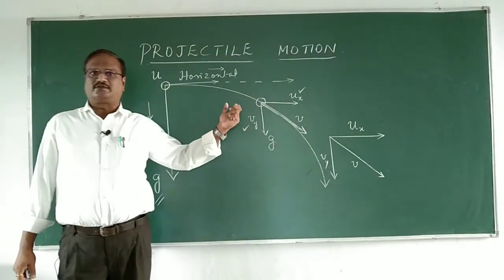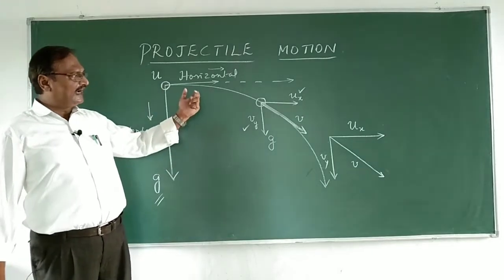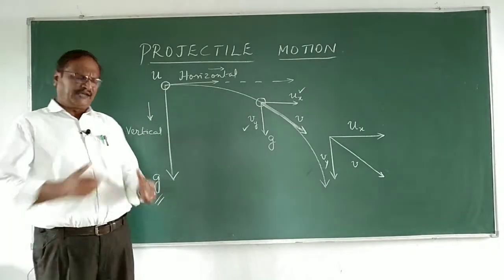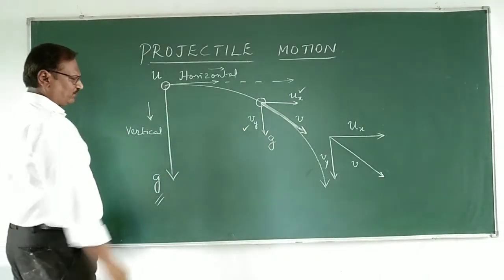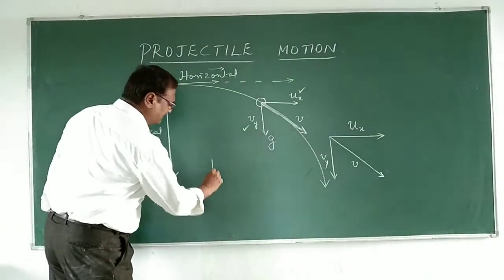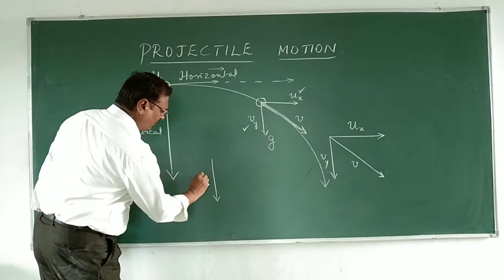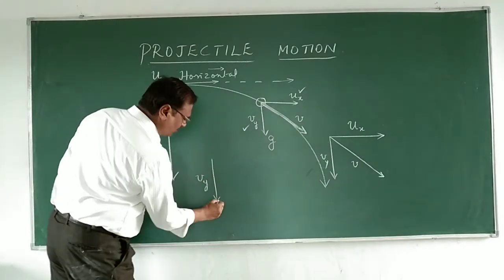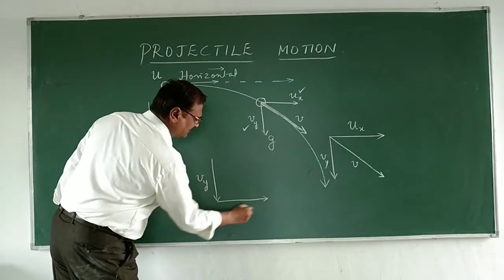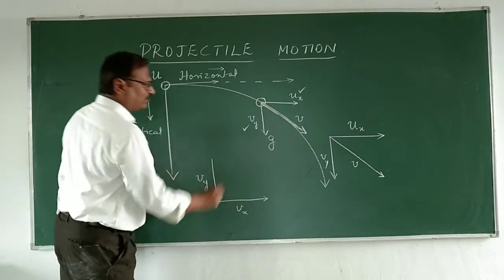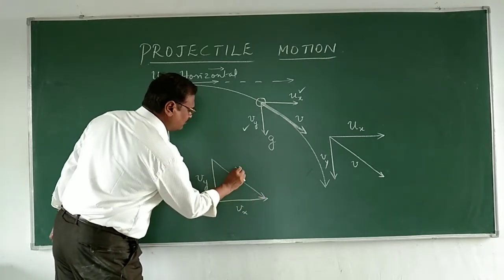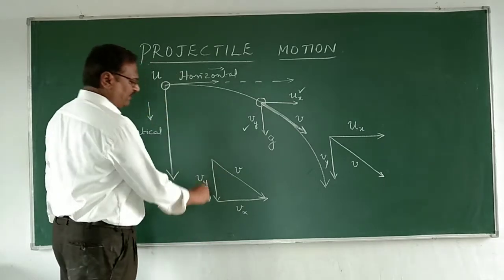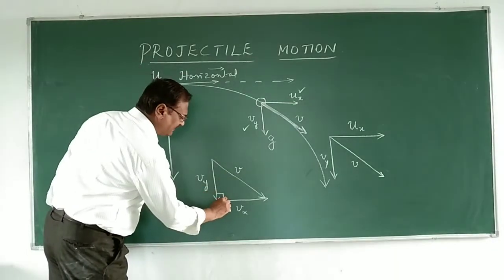Watch carefully here. This is the resultant value, the final velocity at this point. Now, let me dissect it more carefully. Look here, this is the vertical component, Vy, and that is the horizontal component. I bring it to the base here, Vx, and the final resultant acting like this is V. Fine. Now, this is 90 degrees.